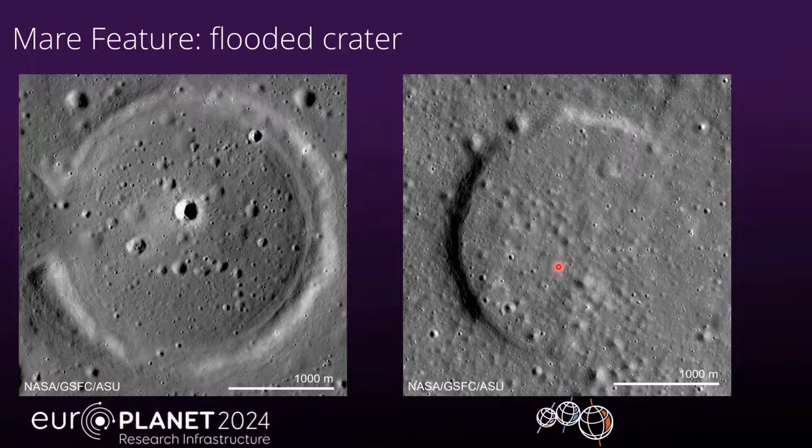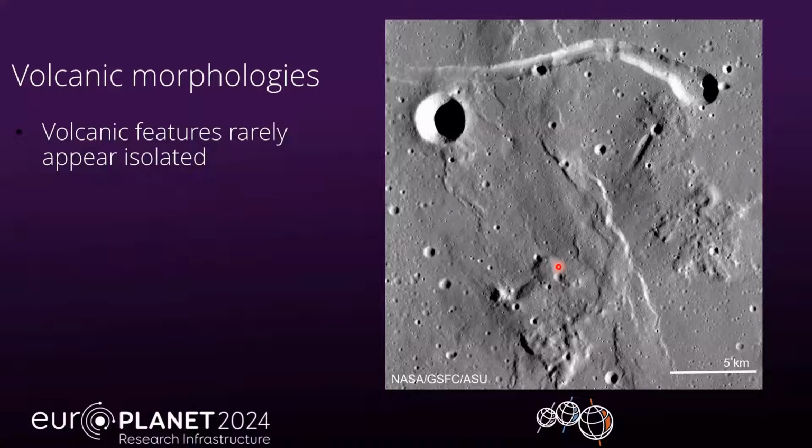Now in the mare basalt, but also in other related kinds of volcanic regions, there are volcanic morphologies. I've got some labels here.